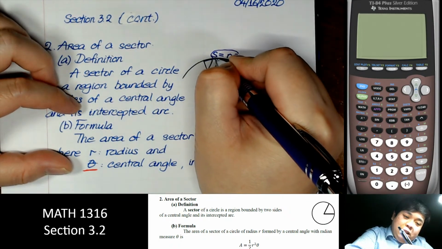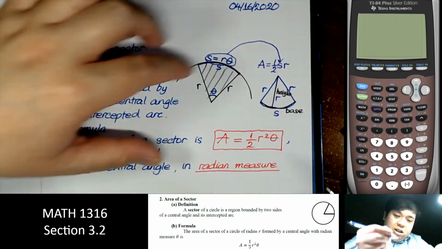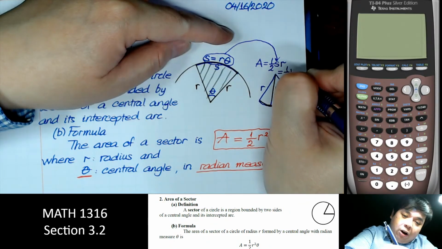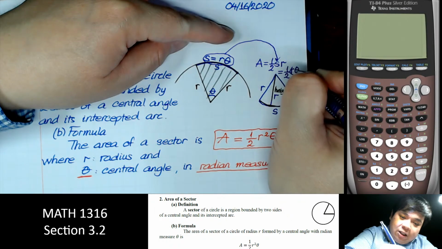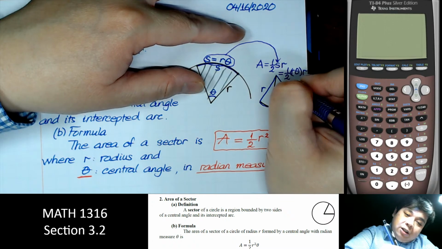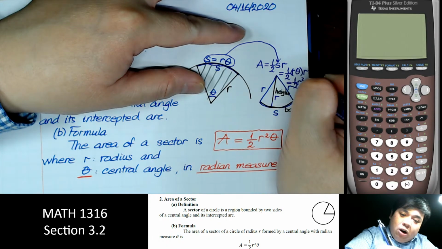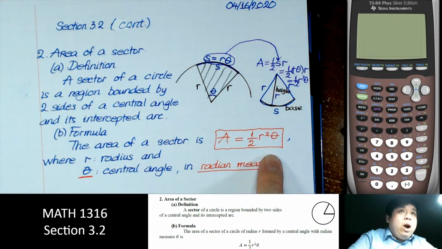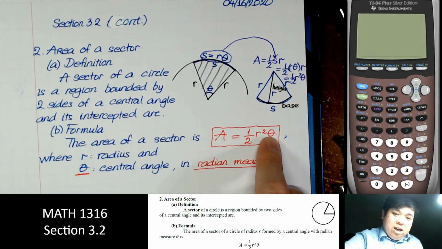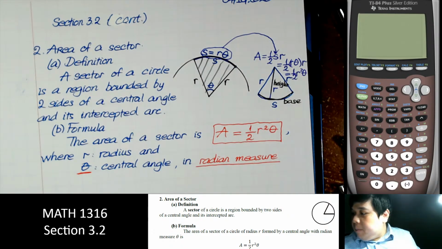Now we just substitute into S. We have 1/2, and instead of S we have r times theta, and then times r again, so 1/2 r squared theta. So that's where this formula comes from. It looks like a triangle, and the formula is similar to it.